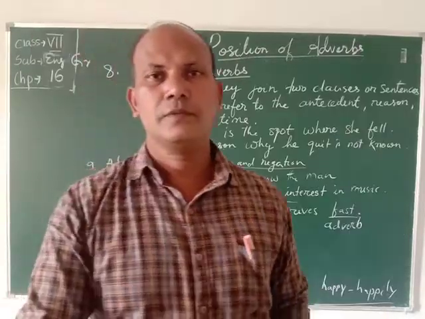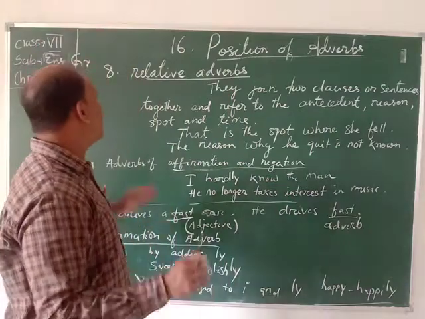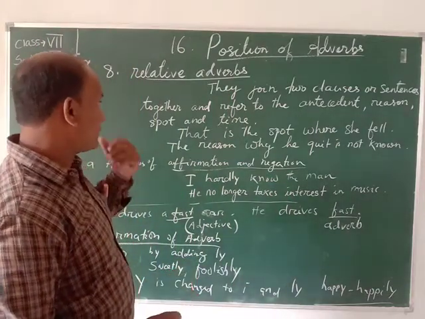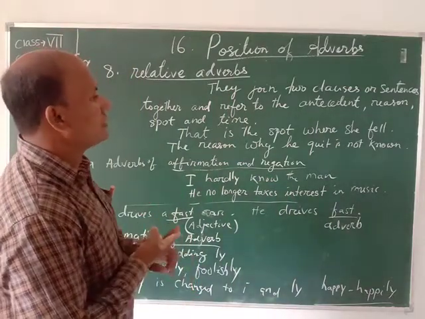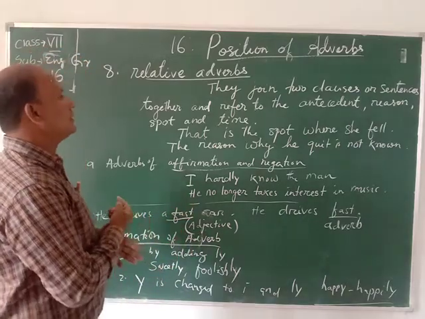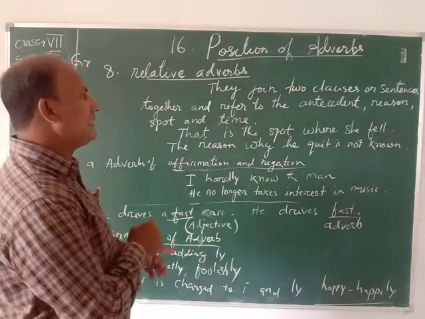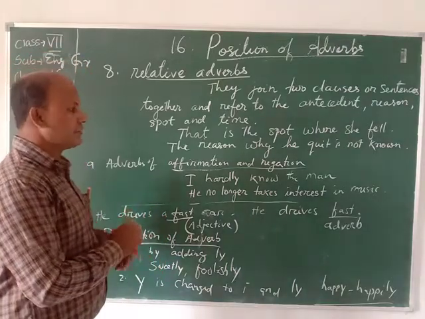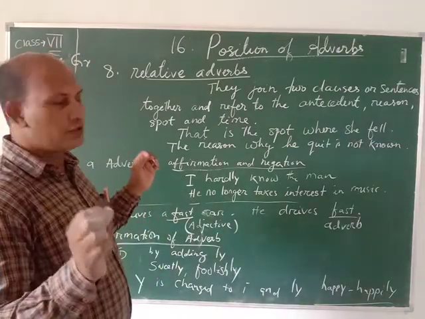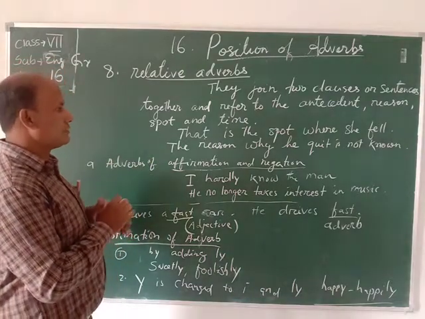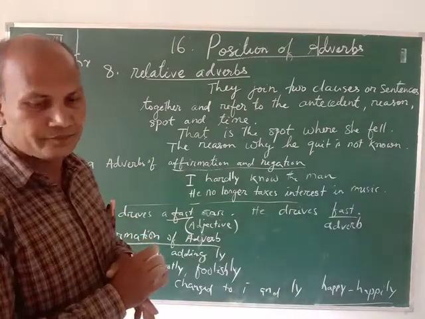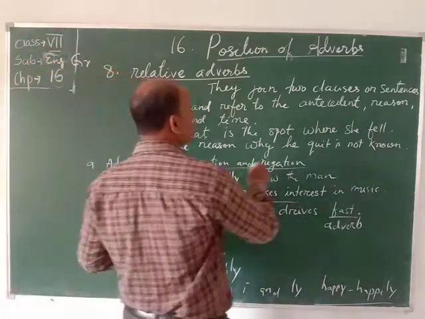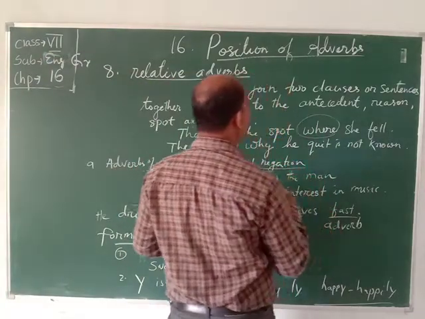Yes. So students, now see number 8, relative adverbs. They join two clauses or sentences together and refer to the antecedent: reason, spot and time. Let's see. Two clauses joined together by a relative clause. Let's see here. That is the spot where C fell.